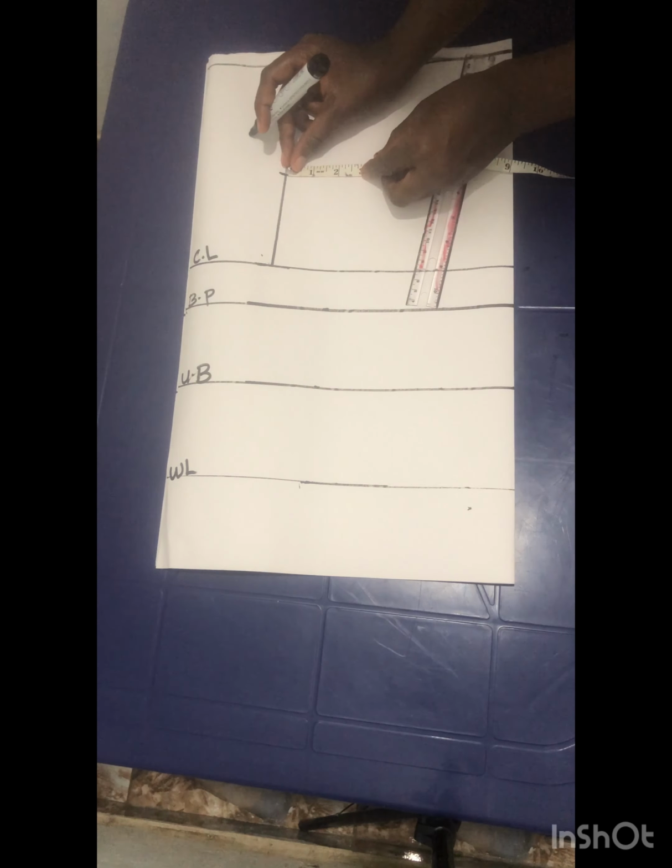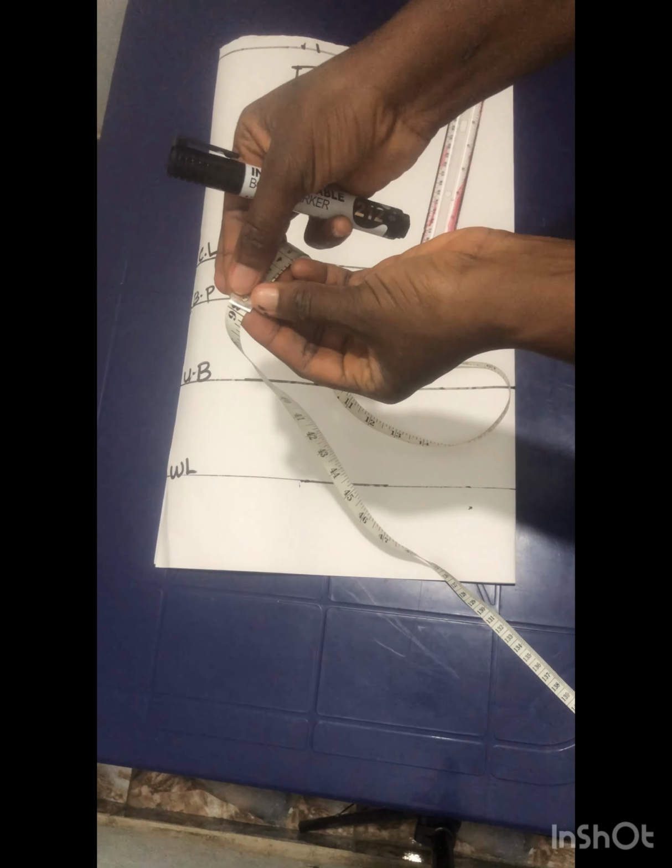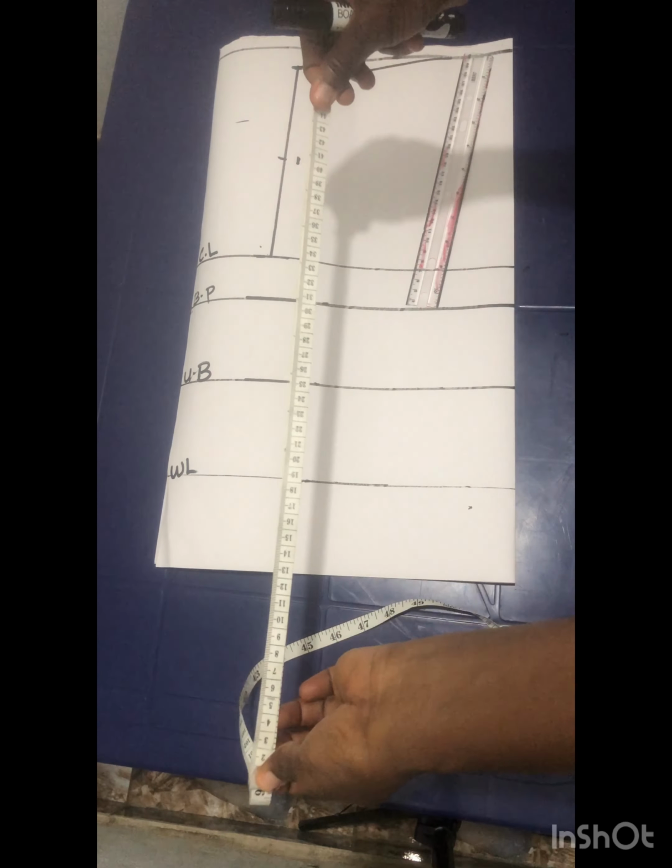I'll take my tape rule, divide my bust into 4 without any allowance. I will mark it under my chest line, put a dot there. So that shoulder slant, the one I came in by half an inch, and at that my bust line measurement, I'm going to join everything together with the use of my curved rule.